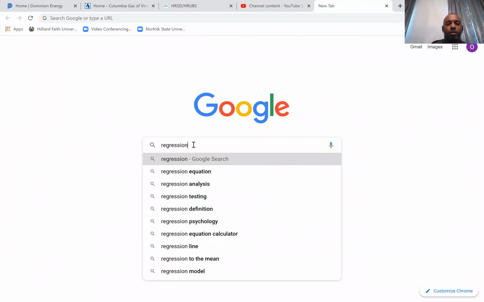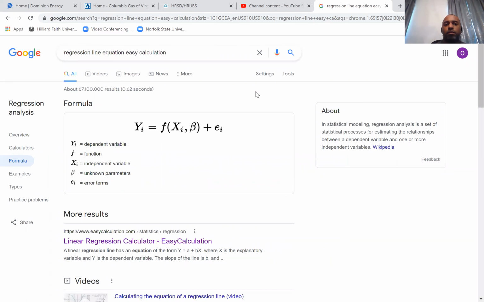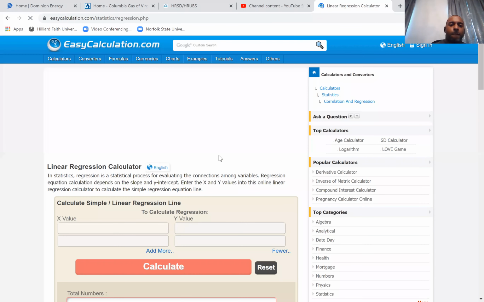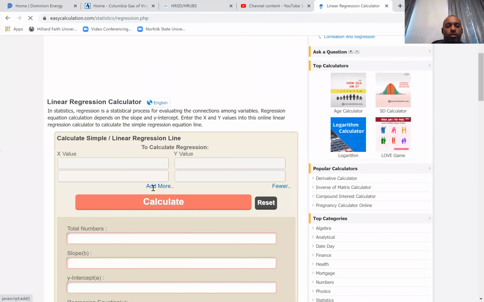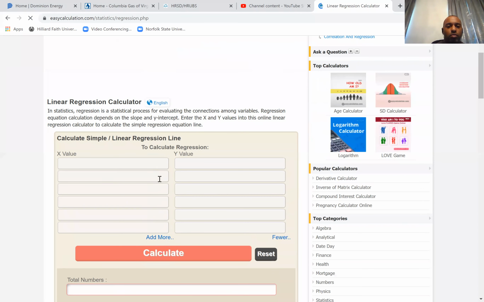I'll put first what I'm trying to find, and then I would go to easycalculation. Notice once again, it's the first one. Type in your values. We have 8 observations.